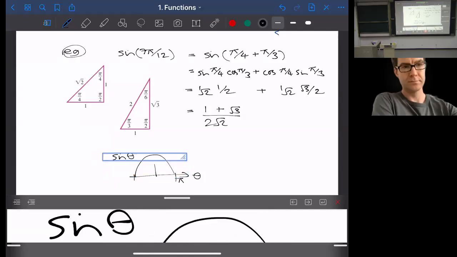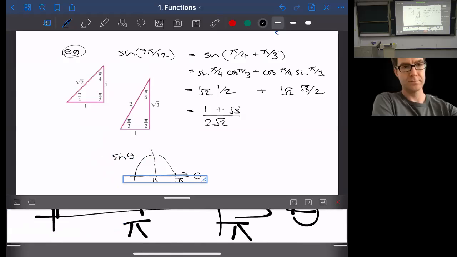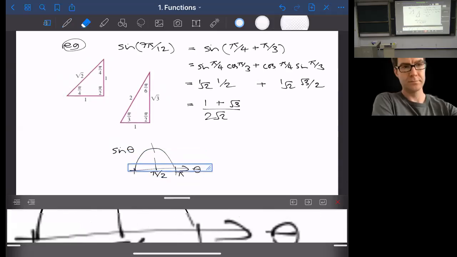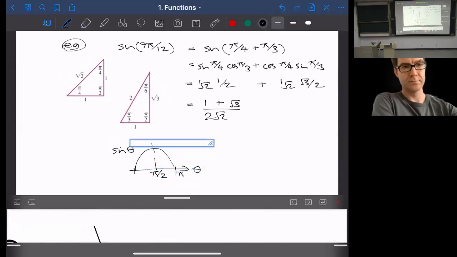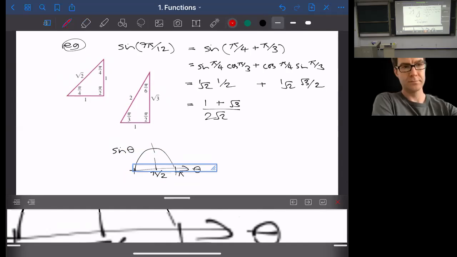So at pi over 2, it reaches its maximum value. And we're looking to calculate at pi over 6 more than that.